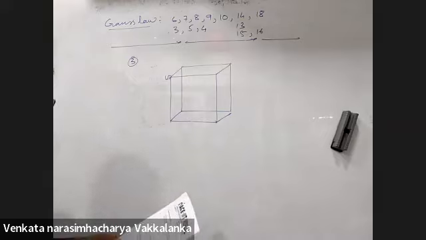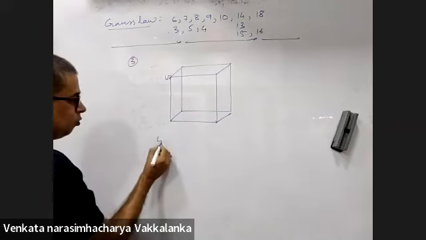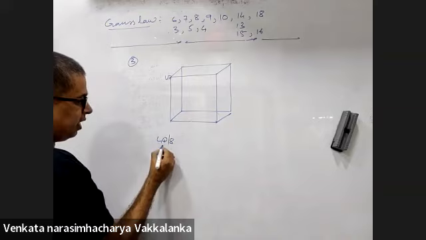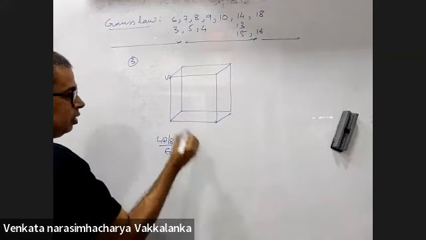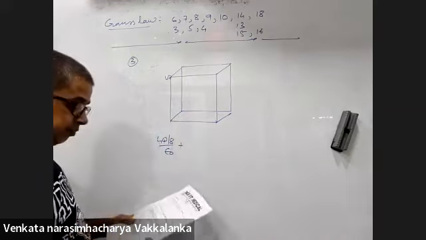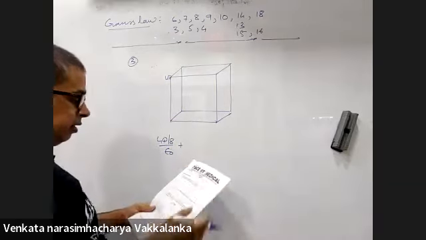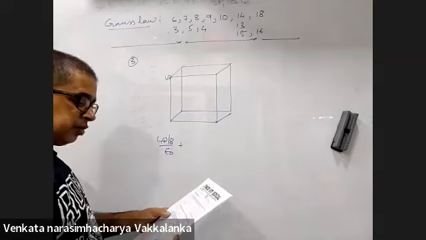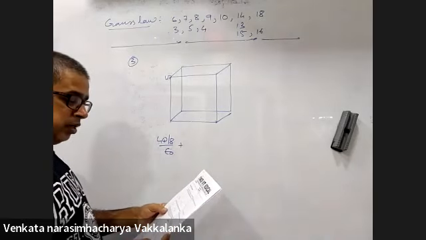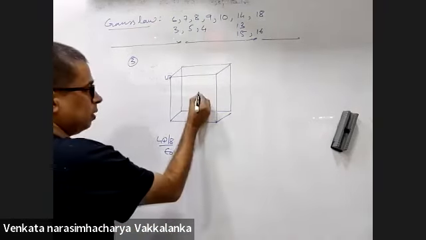Now you are asking me total flux passing through this cube. So 4Q divided by 8 by epsilon naught plus, if I am right, Q is placed at the center of the cube.